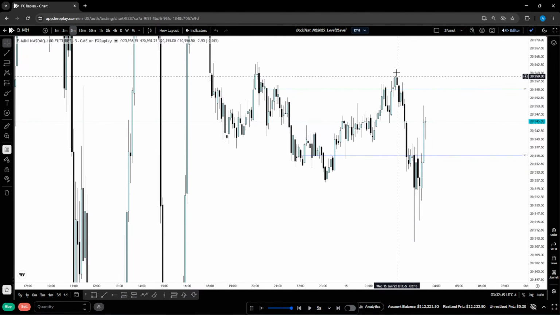So market opens, we go down, we break the hourly level, we come back and retest it, we try to go lower, we fail to go lower, and we break back up above it.